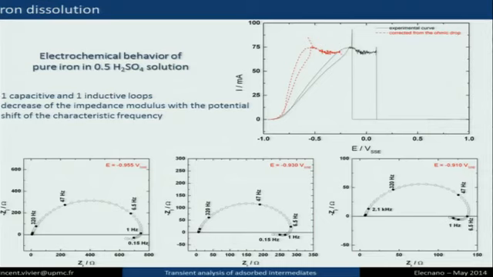If we investigate this domain, we obtain for the impedance diagram a capacitive loop and an inductive loop. The amplitude of the loop diminishes with the increase of potential because we have a larger current each time. And here at low frequency, we have an inductive loop which is ascribed to the adsorbed species relaxation.